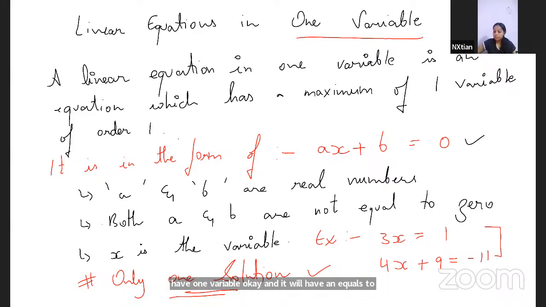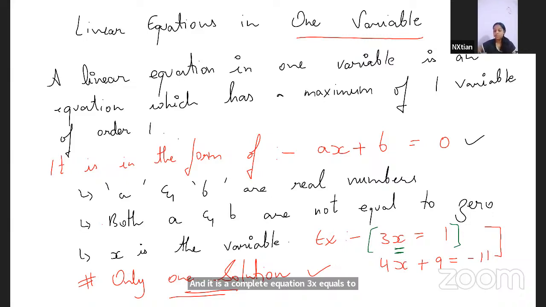So x is the only variable here. These are just examples; you don't have to solve them right now because I'll be teaching you how to solve them. So x is one variable in this equation and it is a complete equation, 3x equals 1 with an equals sign. So it is a linear equation in one variable.